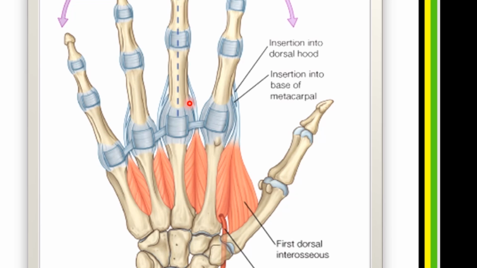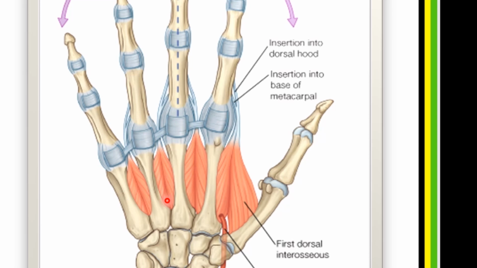Now, if we start with the first dorsal interosseous, it is the largest and it will insert into the lateral side of the index finger. The second and the third will insert into the lateral and medial sides respectively.